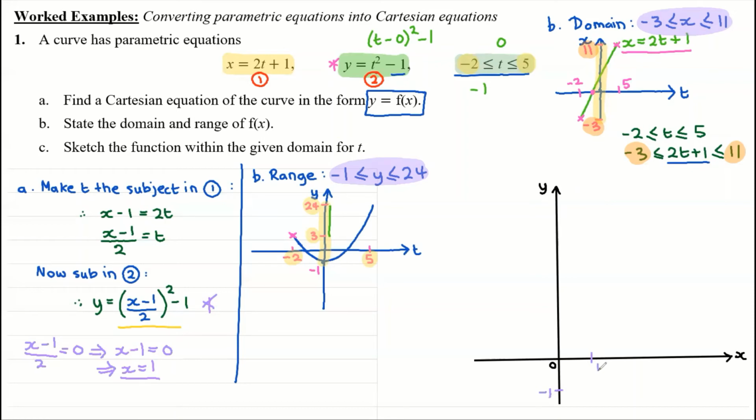Another thing we can do is just figure out where the y-intercept is. So, excuse me, when x equals 0, we get the y-intercept, don't we? So when x equals 0, we're essentially going to have -1/2 squared, which is a quarter, subtract 1, which is of course going to be -3/4.